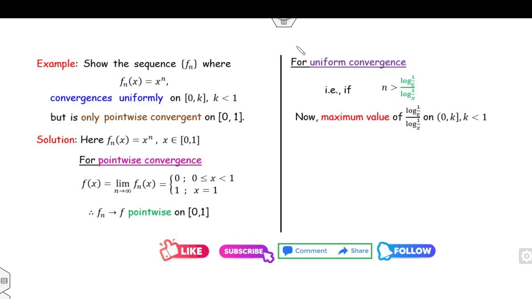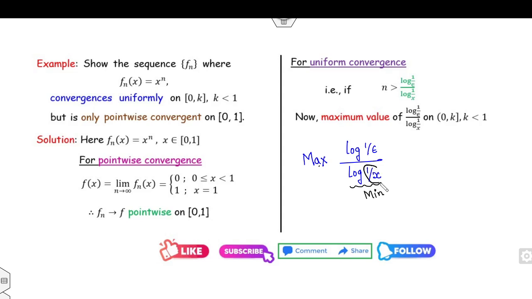Now the second case: your target is to find the maximum value of this quantity, log 1 over x. How can you find the maximum value of this number? Again, this number is a constant. Look at this quantity. The maximum value occurs only when this value is minimum. Clearly, it is a minimum.